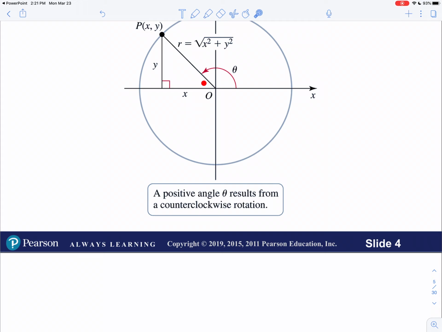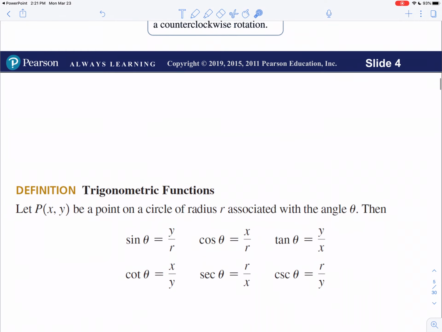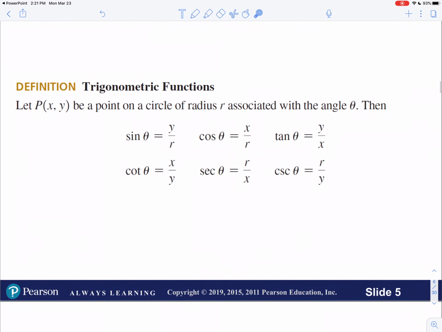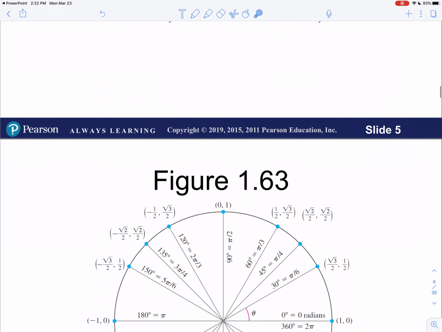Cosine would be adjacent over hypotenuse, so x over r, and so on. To visualize it, we use the reference angle, but otherwise it's really the sine of theta.